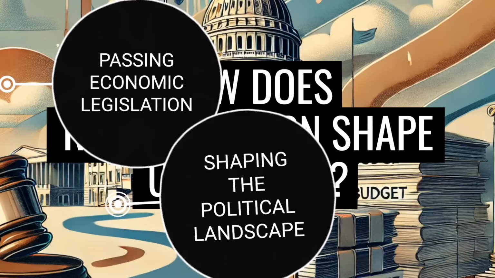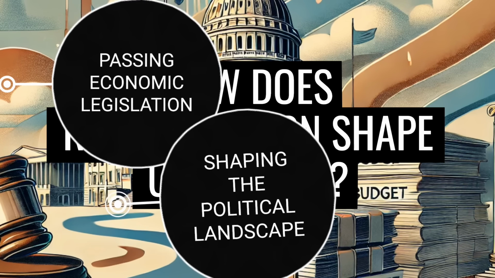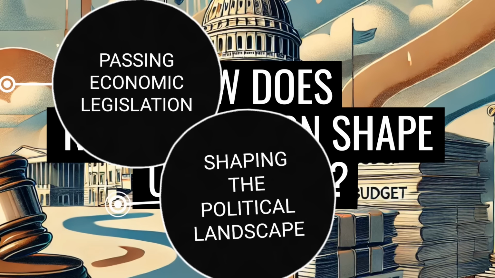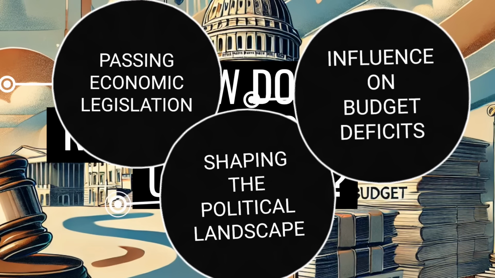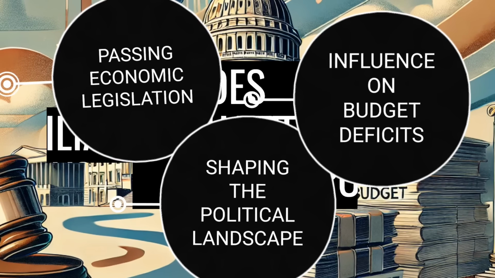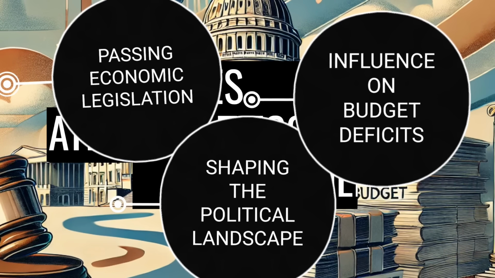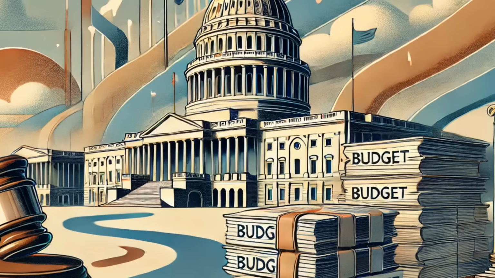Reconciliation has become a battleground for partisan priorities, with each party using it to advance its agenda when in power. This dynamic has made the process both indispensable and divisive. Influence on budget deficits. While reconciliation can be used to reduce deficits, it has also been used to pass tax cuts and spending increases that contribute to long-term fiscal challenges.